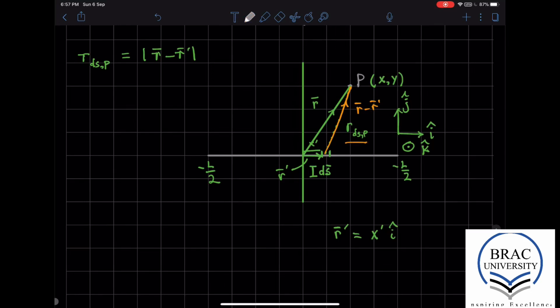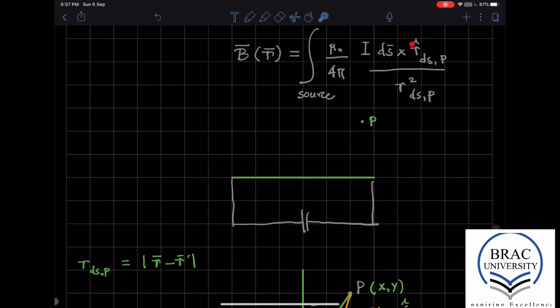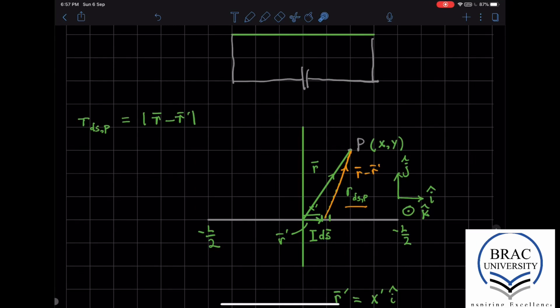We also need, for Biot-Savart's law, this direction. It is given by r hat from ds to P, which is the vector r minus r prime divided by its length.